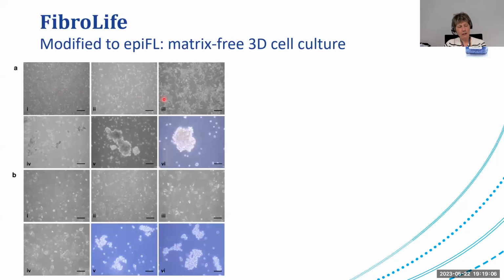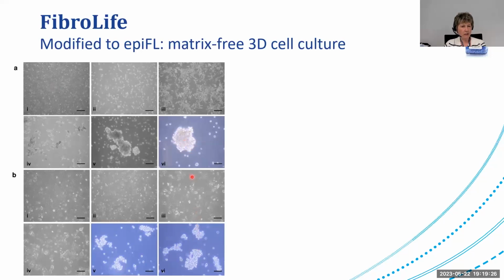Over time, and this process happens fairly quickly with the gradual introduction right up to 100% EpiFibroLife, the cells start to grow in these 3D clusters, quite naturally within the cell culture flask, in the absence of any matrix support.